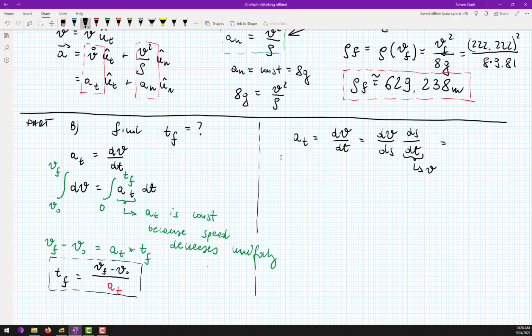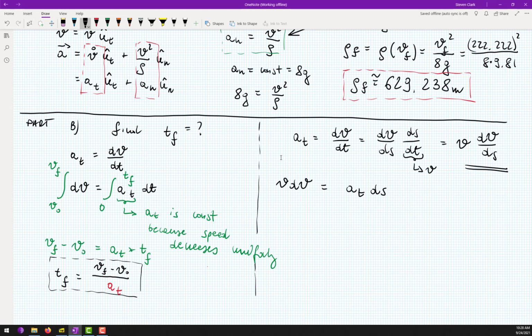So we end up with another definition of acceleration: v dv ds. We are going to clearly integrate along the path right now. Okay? So let's do it. We have v dv is equal to AT ds.